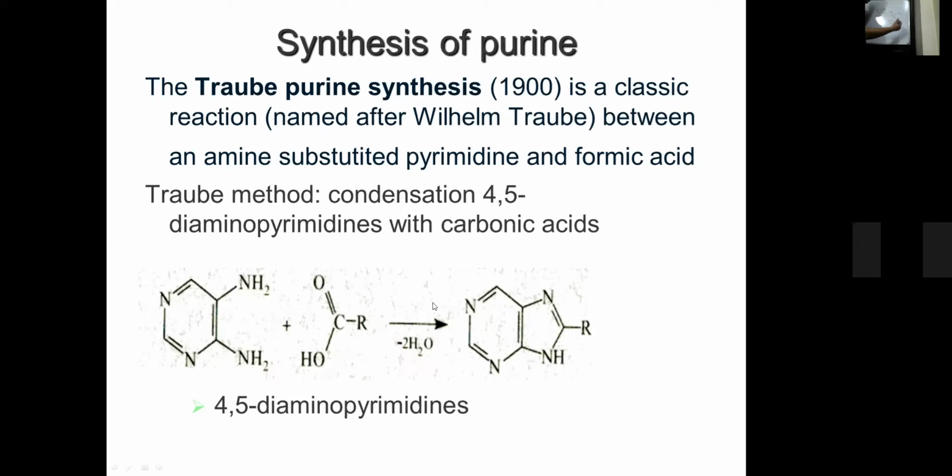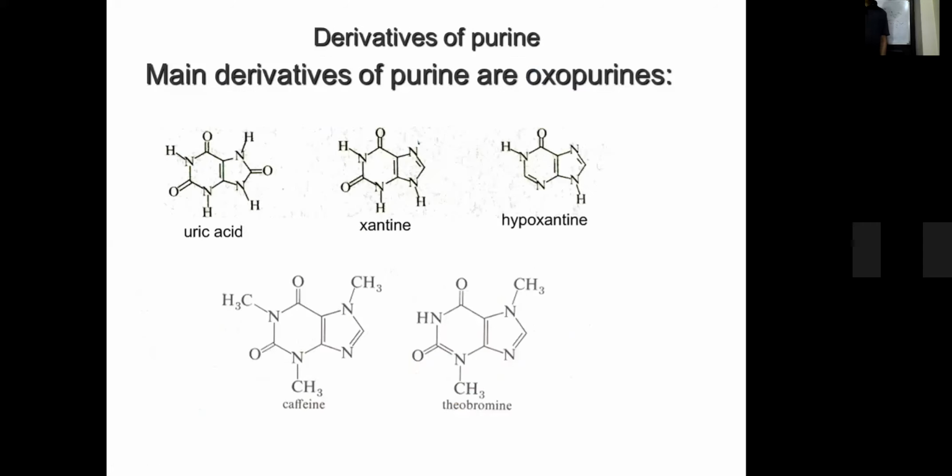So you get an R substituted derivative. This is how you prepare purines: you take 4,5-diaminopyrimidine, treat it with a carboxylic acid, and it undergoes condensation to give the corresponding purine derivatives. This is the method for synthesis of purine.